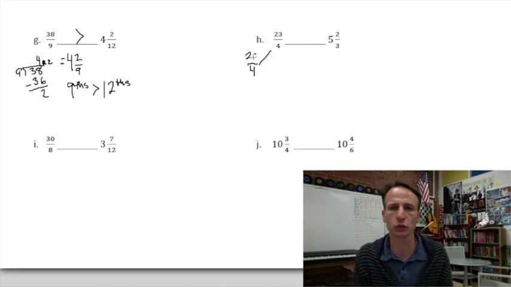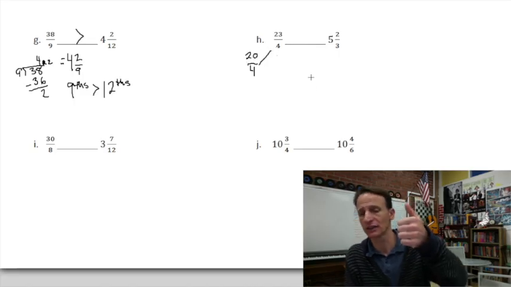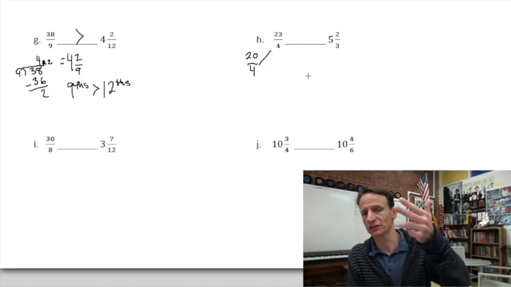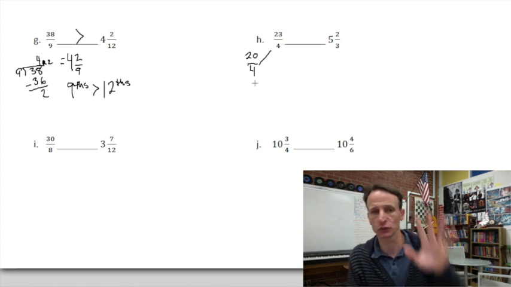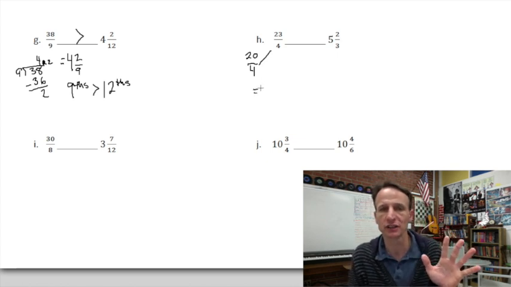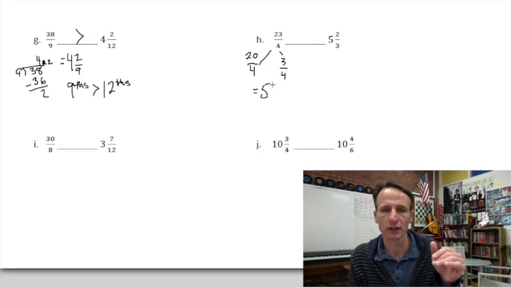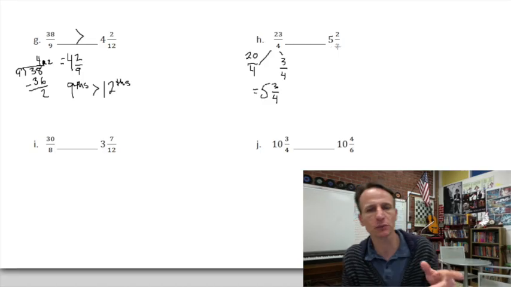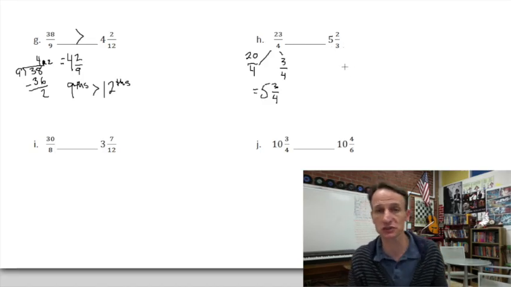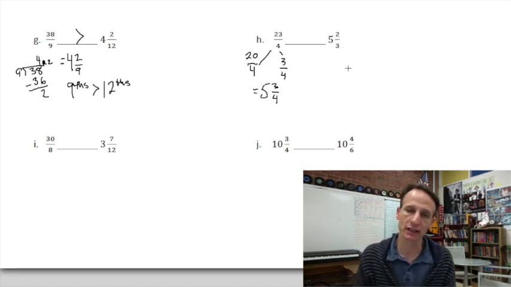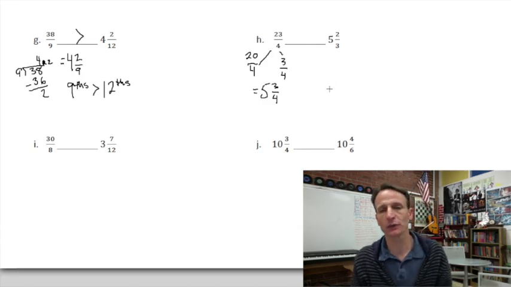We could pull out 20 fourths, which is equal to 5 wholes. And then how many fourths do we still have? We have 3 fourths. So this would be 5 and 3 fourths, which we're comparing to 5 and 2 thirds. So how do you want to compare these? Well, there's a couple ways we can do it.